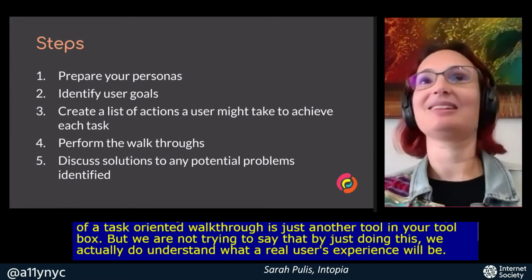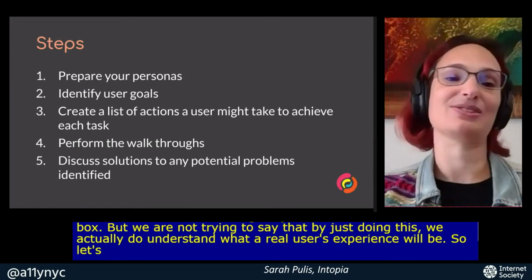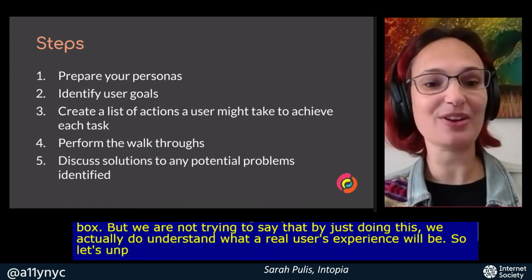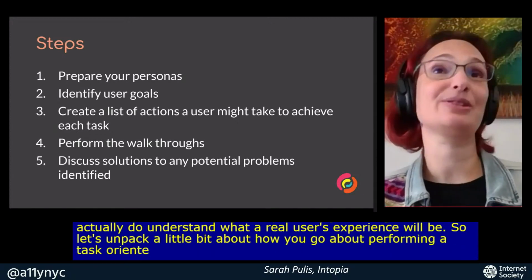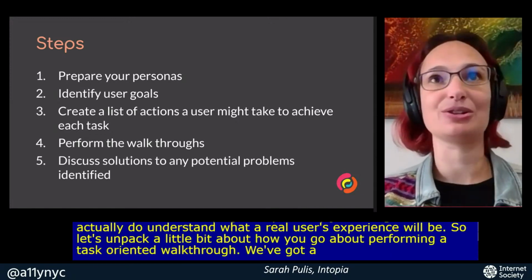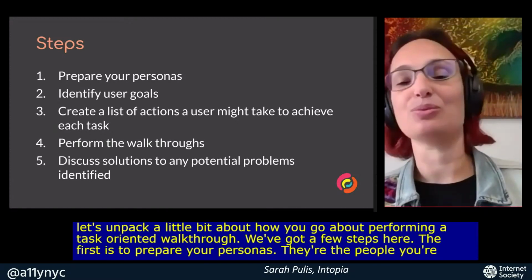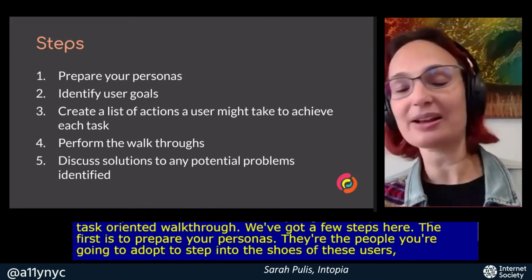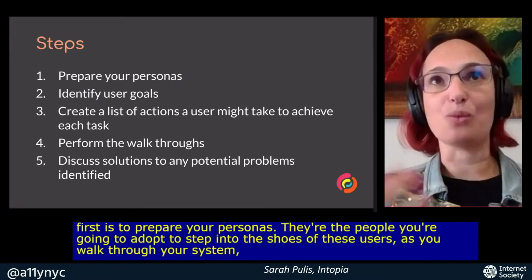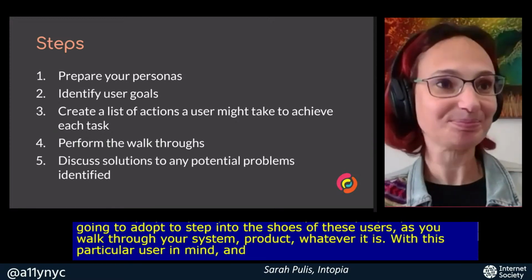So let's unpack a little bit about how you go about performing a task-oriented walkthrough. So we've got a few steps here. The first one is to prepare your personas. So they're the people that you're going to adopt to step in the shoes of these users as you walk through your system, product, whatever it is, with this particular user in mind and with a particular task in mind.